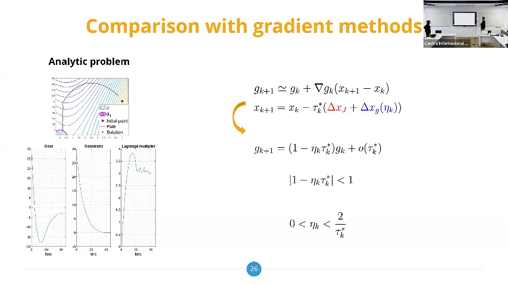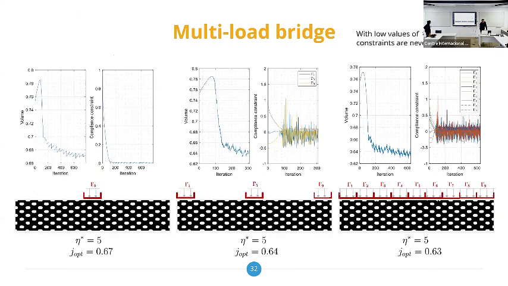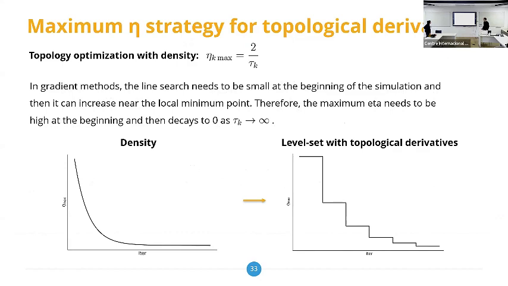For level set, I should study an asymptotic expansion of the constraint functional, but with topological derivatives and studying the level set, it's quite complex. That's why we have not studied it yet. We prefer to use this analogy as a first approach that more or less worked. But yes, we should study in more detail the asymptotic expansion for the constraint.